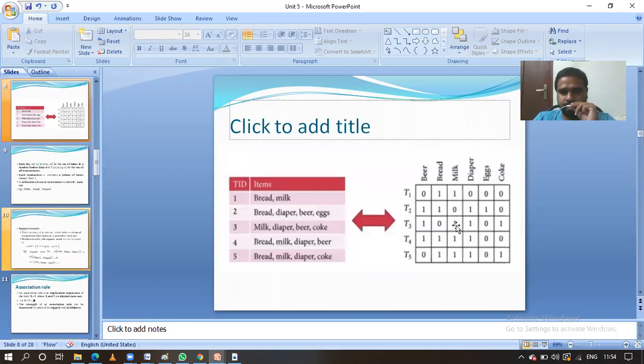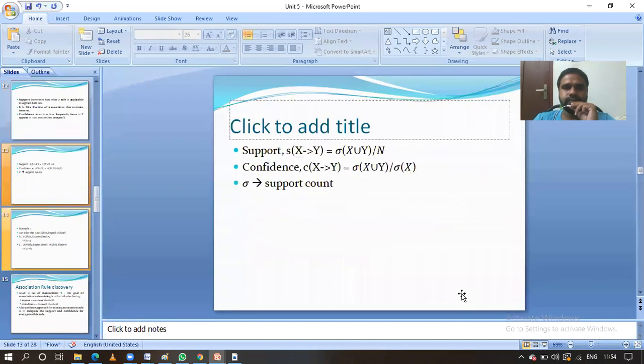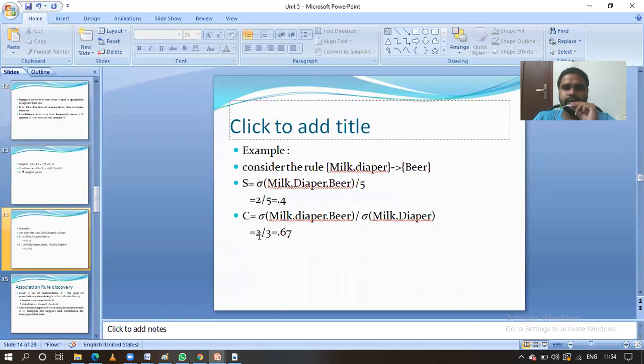How many times is milk diaper repeated in the transactions? One time, two times, three times. Three times it is repeated. That is 2 by 3, guys, which is 0.67. This way we calculate the support and confidence for the association rule.